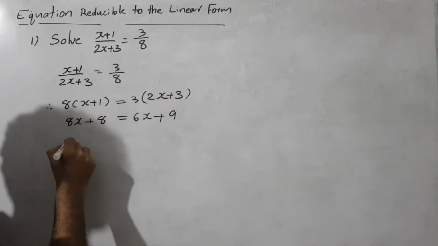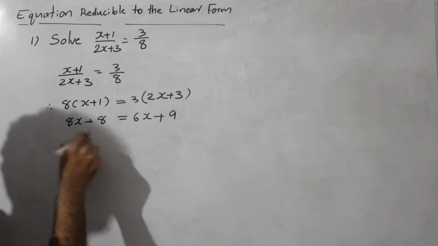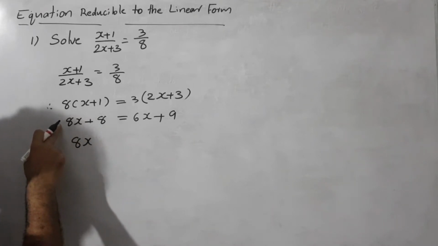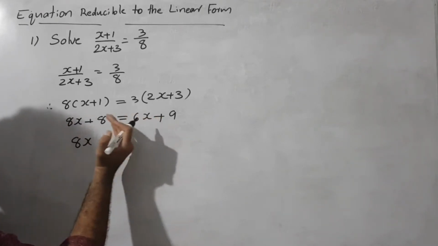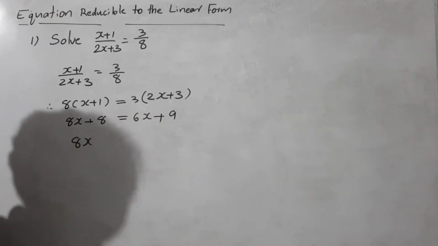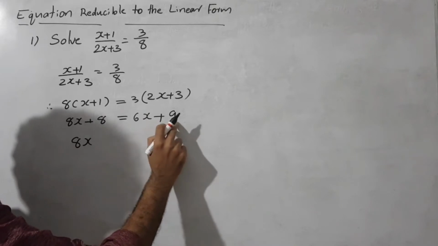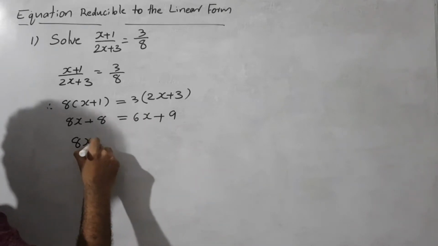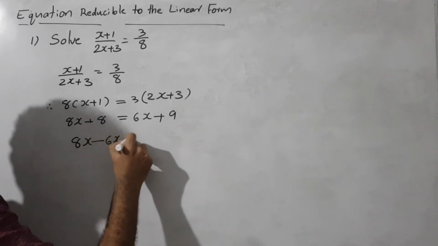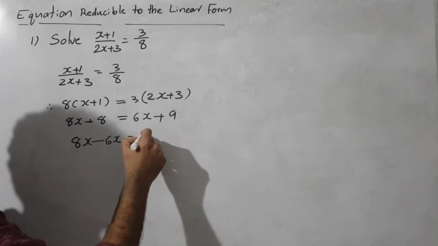The next step, what is that? 8x remains on the LHS, then we transpose 6x to the side of 8x, so it becomes minus 6x, is equal to what is remaining here, 9.